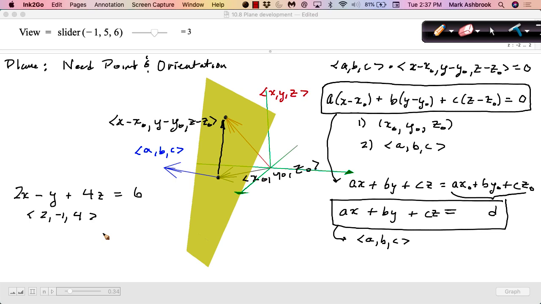So what's the idea behind it, right? If I have a point that's on the plane, how does it relate to this equation? If I have an ordered triple on it, what would be true? So for instance, is 5, -1, 3 a point on this plane?